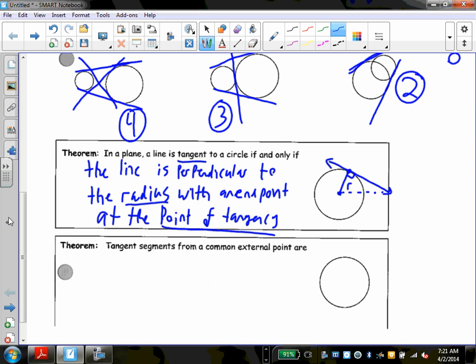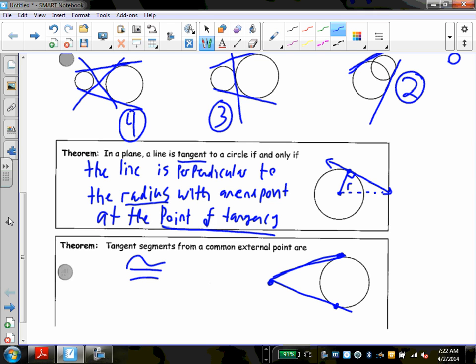The other one that's going to be important here is that tangent segments from a common external point are congruent. So what that means is if we choose a point out here, from that point we're going to be able to create two segments that are tangent to our circle, and they're going to meet the circle at some point.